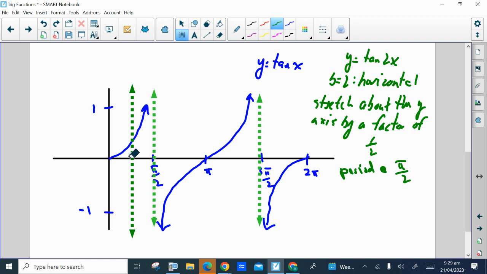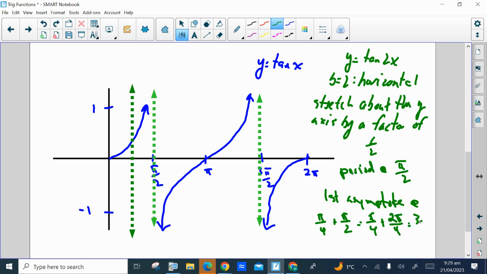If the first asymptote is at pi on 4, our next one will be pi on 2 away from that. So to add those together, we need a common denominator. And pi on 2 would be 2 pi on 4.